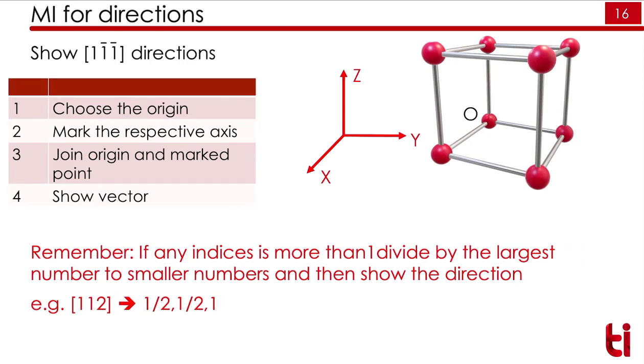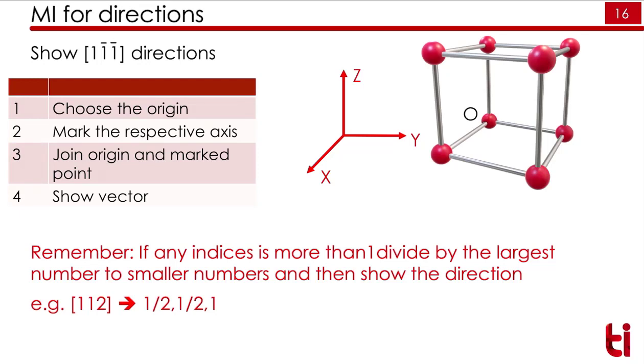Now the [1 -1 -1] direction. First you have to choose the origin. Now I want minus y-axis and minus z-axis inside the unit cell.